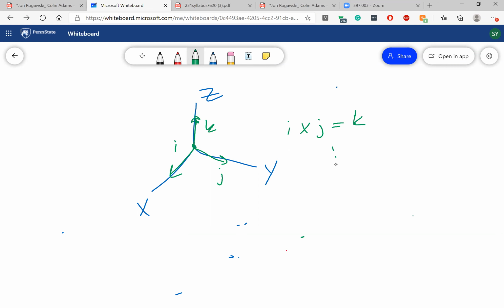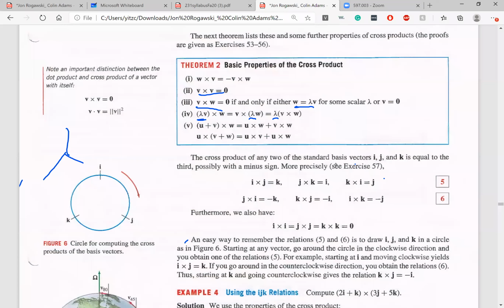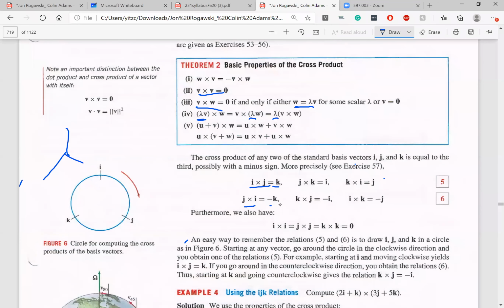Each one of these, when you take the cross product, gives you the other one. You have to look at the right-hand rule to make sure that you are going in the correct direction. But i cross j is equal to k, which tells us that j cross i is equal to negative k, and so on and so forth.